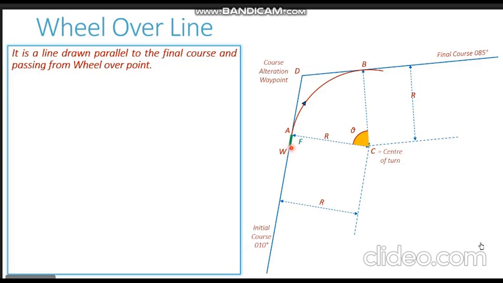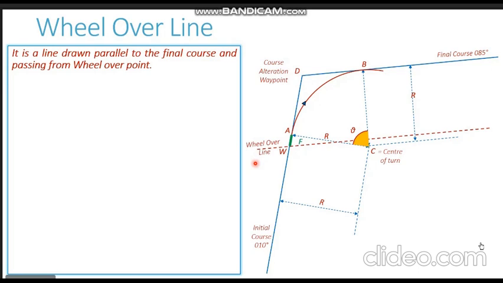So we have identified the wheel over point in our plot. If we draw a line passing through the wheel over point and parallel to our final course, so we align our parallel ruler to the final course, transfer it to point W and draw this line. This maroon colored dotted line which you see is our wheel over line.